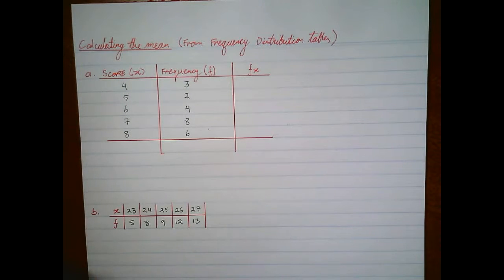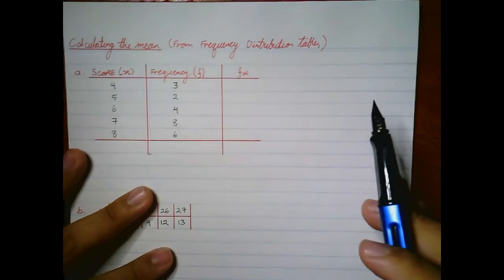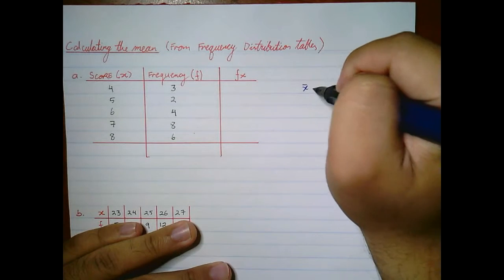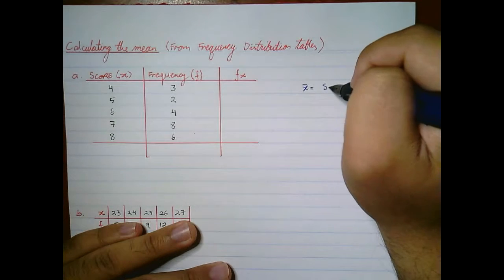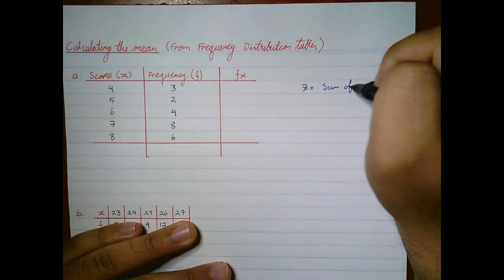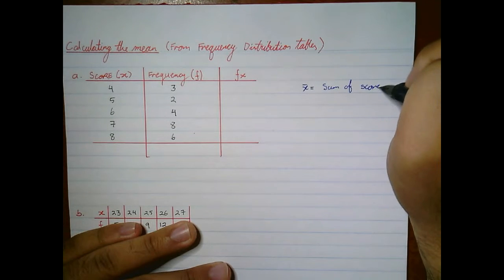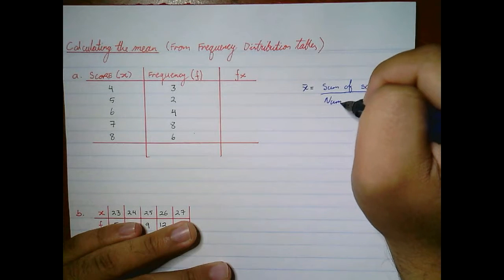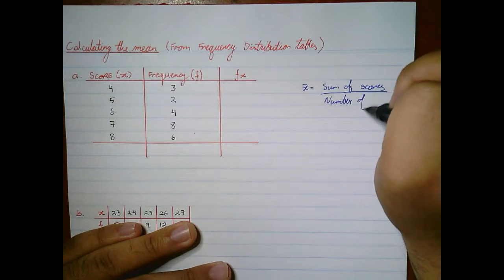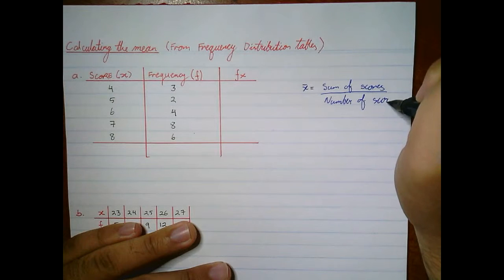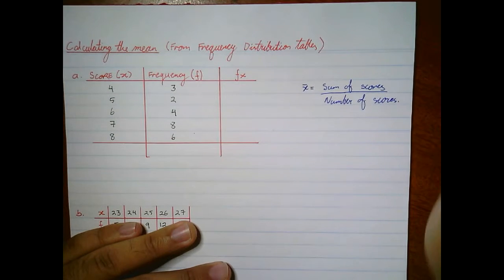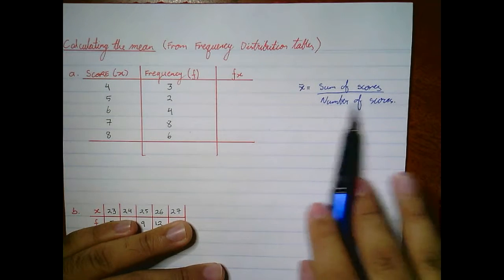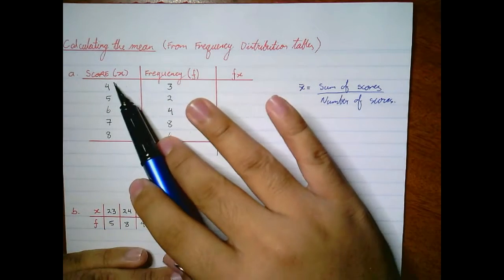So in order to calculate the mean, we know the mean, x bar, is equal to the sum of scores divided by the number of scores. Okay, so let's figure out first how many scores there are.